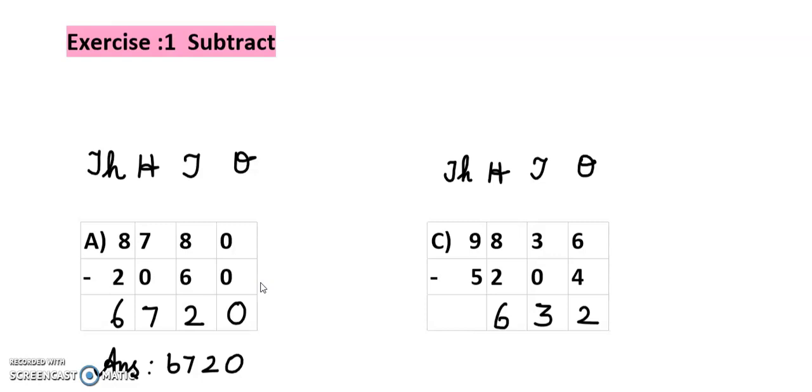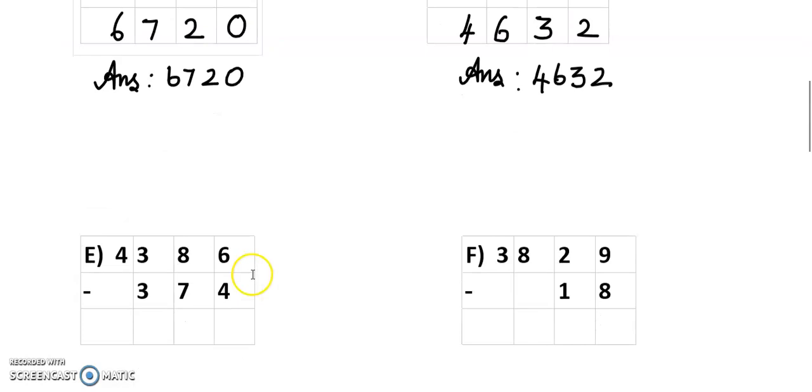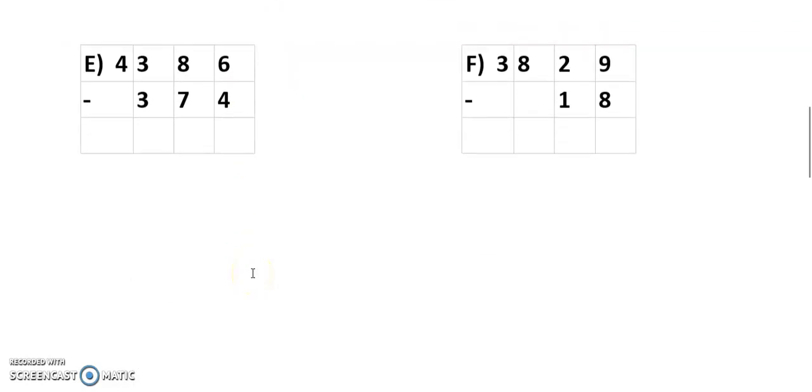We have to borrow. So here it is greater number, so we can subtract. So 9 minus 5, 5 after 6, 7, 8, 9. So 4 is the answer. So what is the answer? 4632.